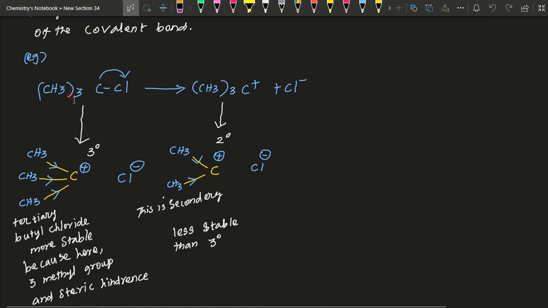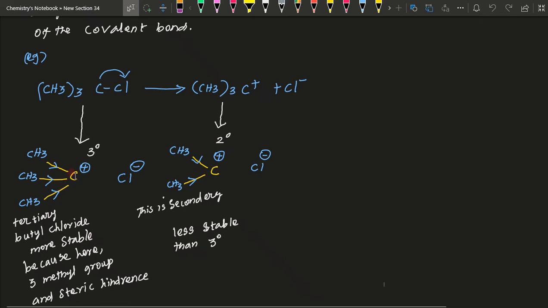So this gives tertiary, this gives secondary.